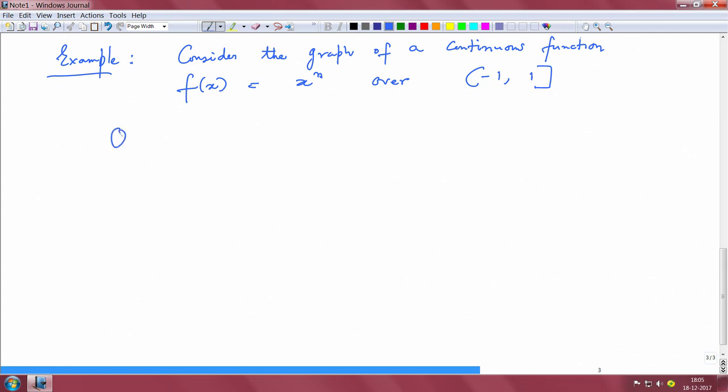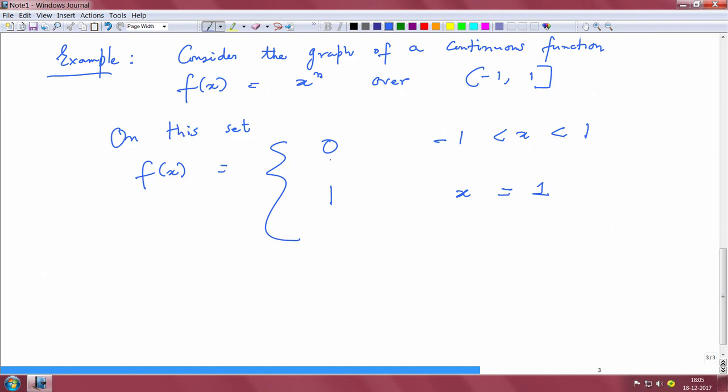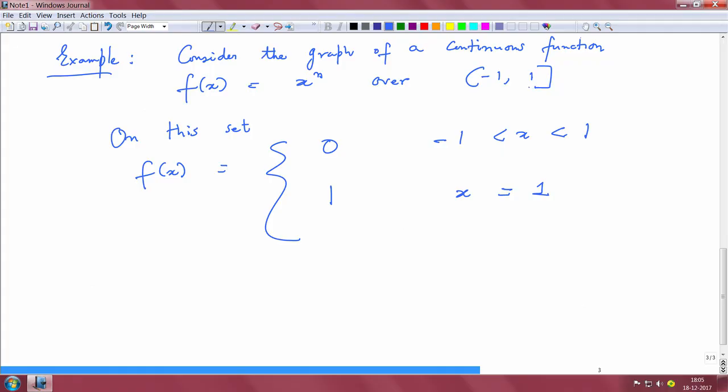So on this set, f of x equals 0 for -1 less than x less than 1 and 1 when x equals 1, right. As n goes to infinity, because these are bounded between -1 and +1, both not included in this range, x power n basically decays to 0, and then when x equals 1, because 1 is part of the set, 1 power n is basically 1.